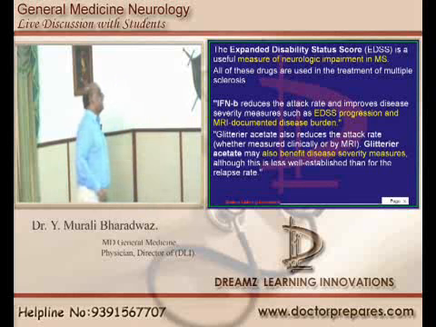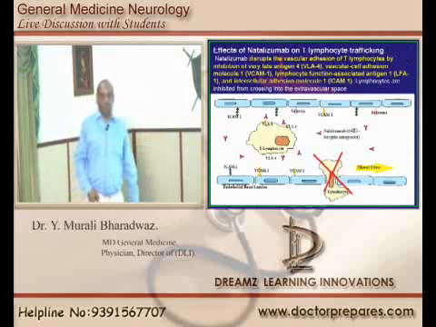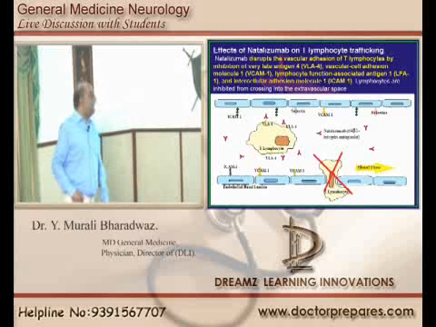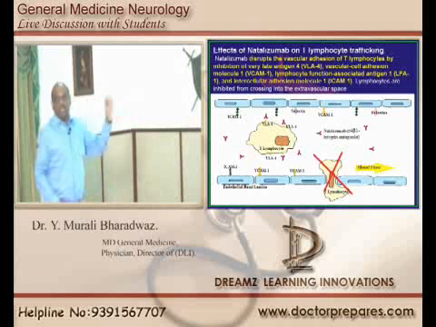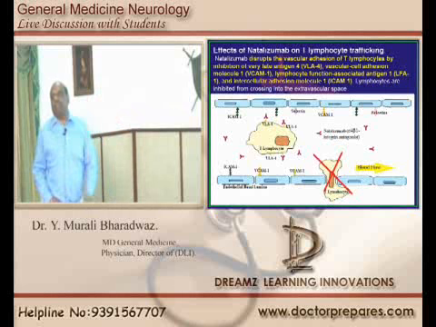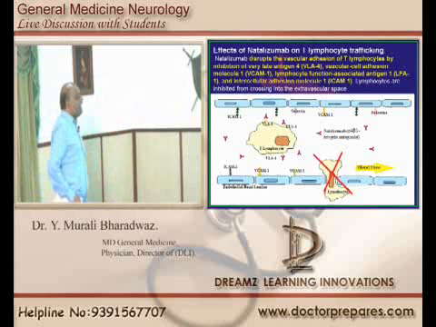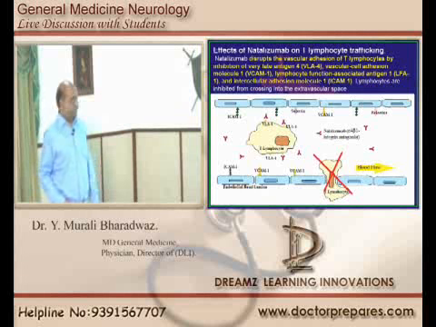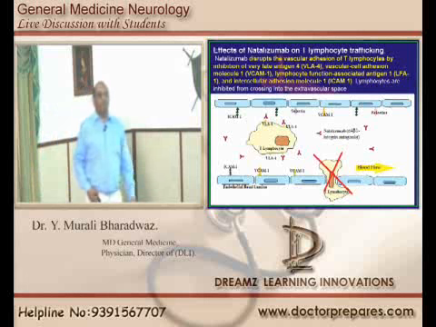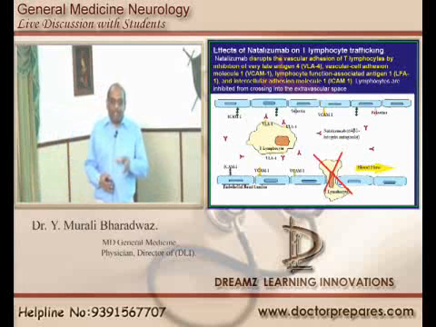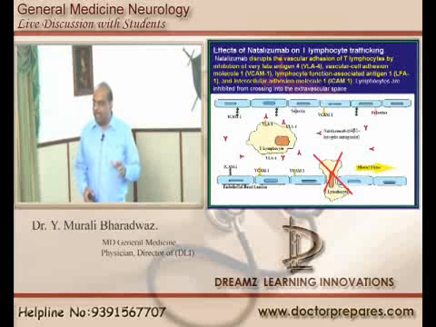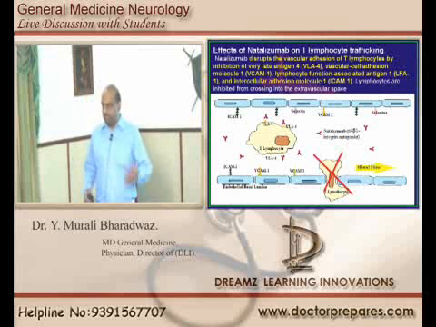How does natalizumab work? Fundamentally, what is the mechanism of action? Natalizumab will disrupt the vascular adhesion of the T lymphocytes by inhibiting what is called very late antigen VLA4, and it will fundamentally decrease the traffic of lymphocytes reaching the nerves and damaging them. It acts like a traffic police fundamentally.